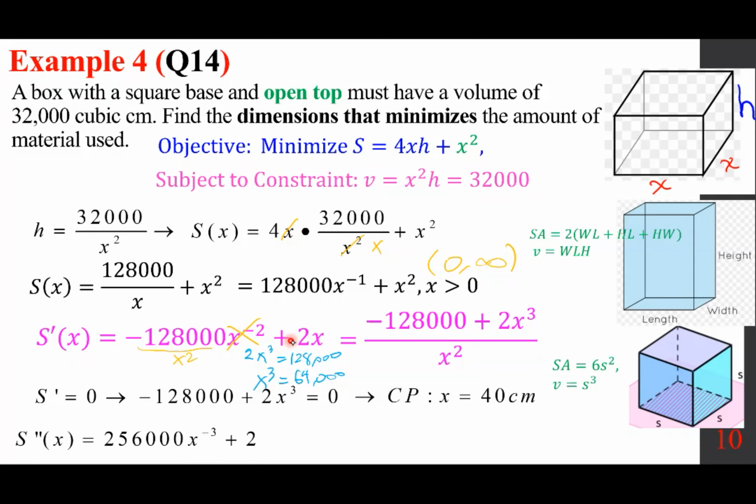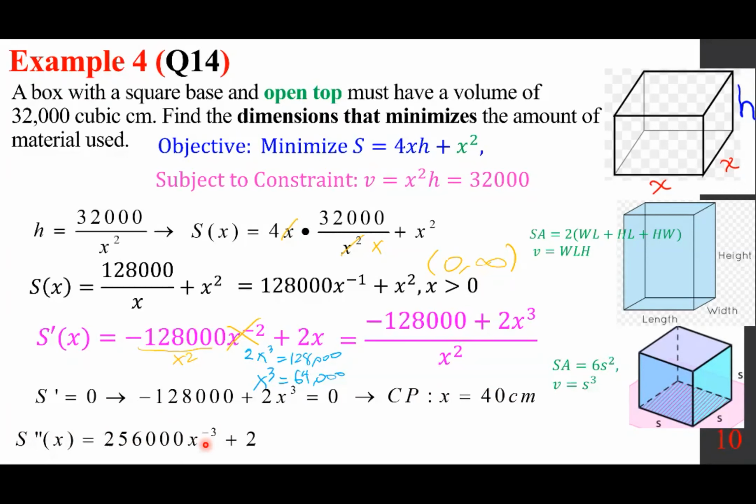Now, how do you do the second derivative test? You must evaluate S double prime, and this is the second calculus step. So first calculus step, second calculus step. Now evaluate with the 40. By the way, this is 256,000 divided by X cubed.